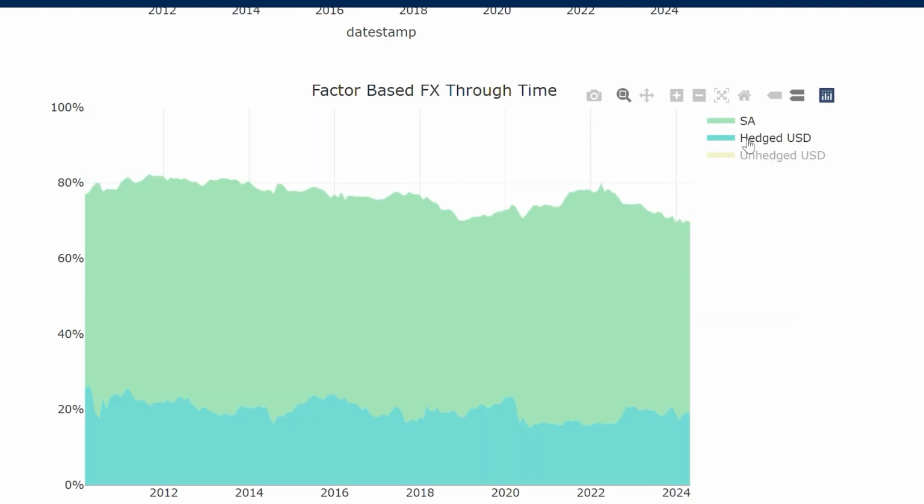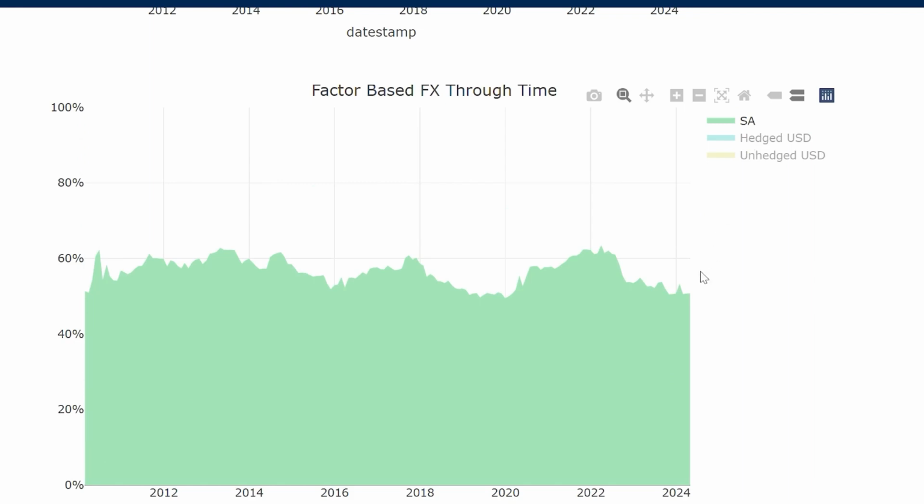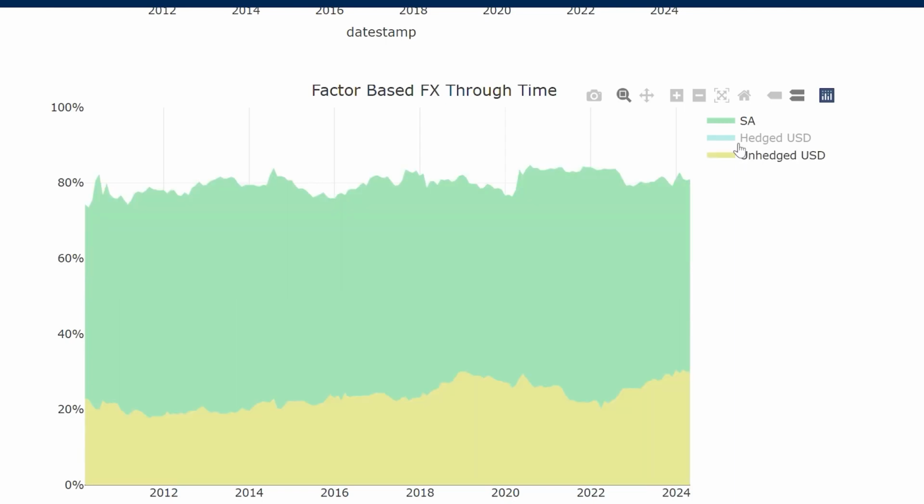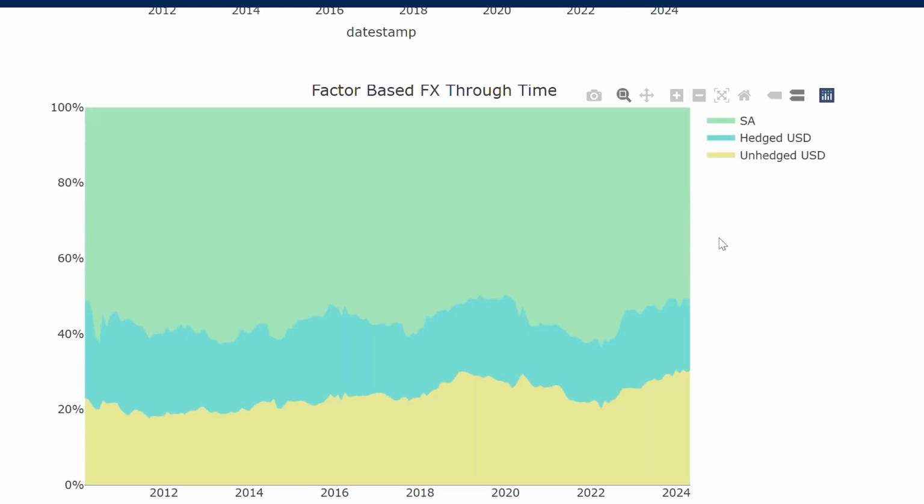We see it a bit more clearly if we just look at the rand exposure, and we see it did come off quite steeply at the end of 2022, and it's steadily still coming down. So that just gives us confidence that our peers are moving offshore. We of course did it very early in 2022 because we are systematic, and so we had to follow our process.